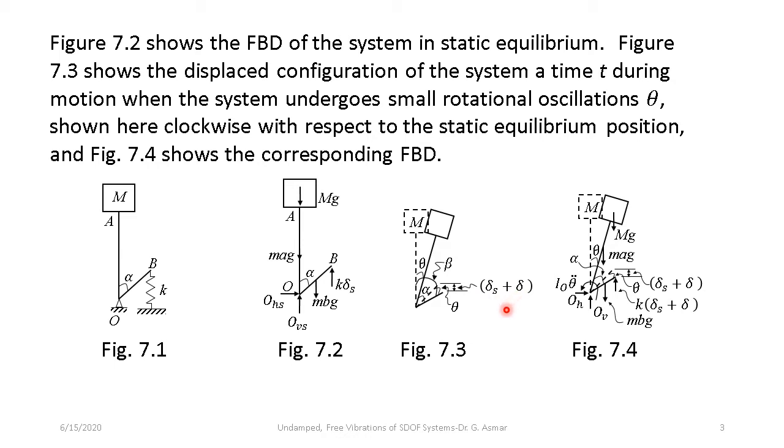And we also define the angle beta, which is the angle made between the vertical member OA and the displaced member OB.